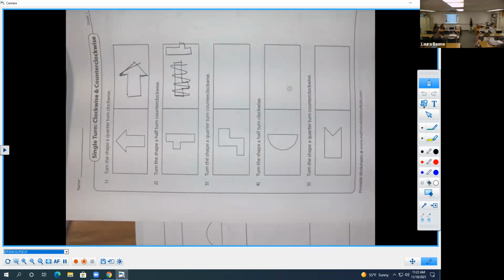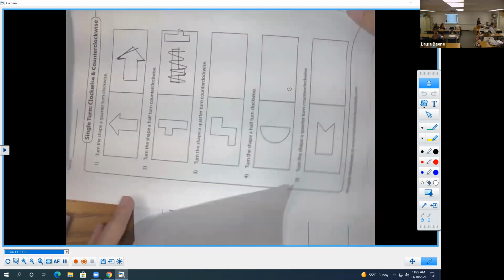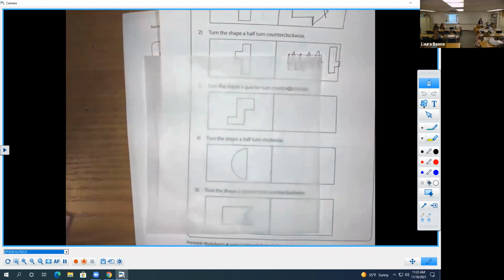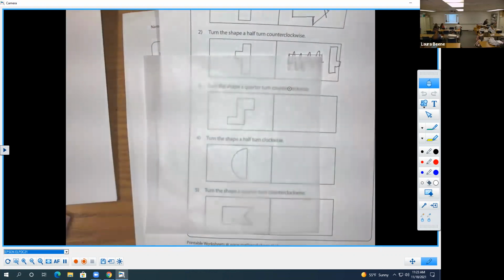Another option that might be helpful, and I'm happy to let you use this on your test if you want, is patty paper. I think I showed you this the other day. It's like wax paper. You could start off by tracing your initial one. Let me get a marker that works on this.